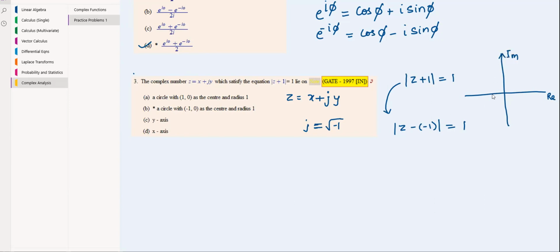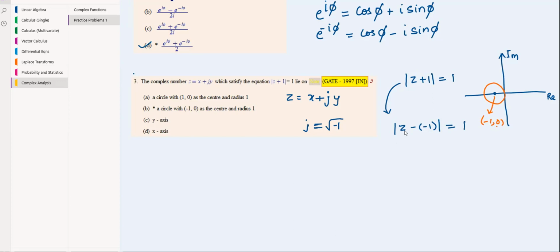Now minus 1 will lie on the real axis, and the distance of z from this point minus 1 comma 0 is always constant, equal to 1. So it is a circle of unit radius and center at minus 1 comma 0.